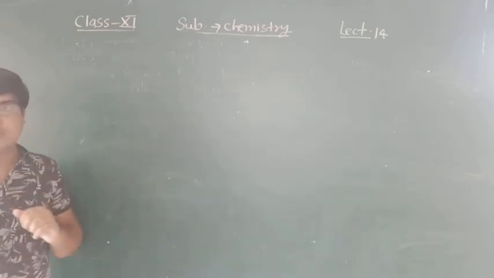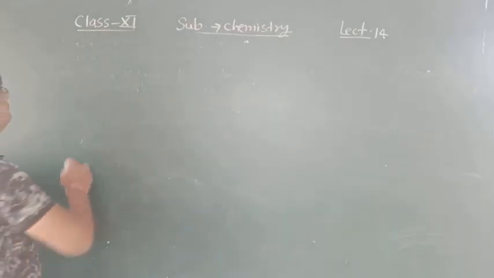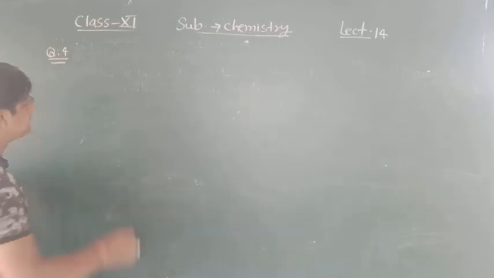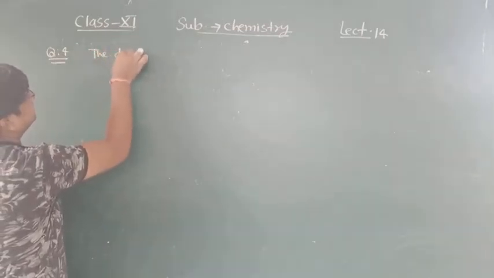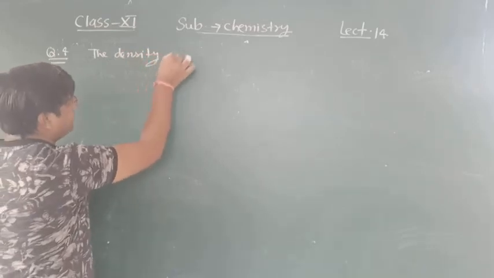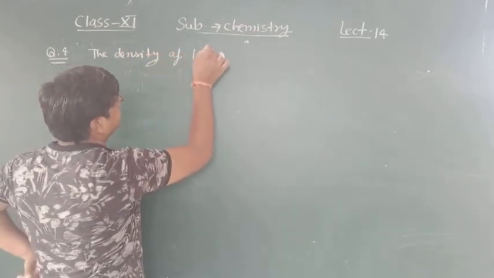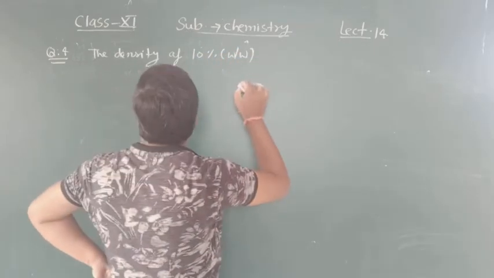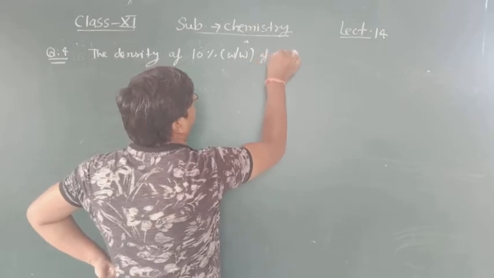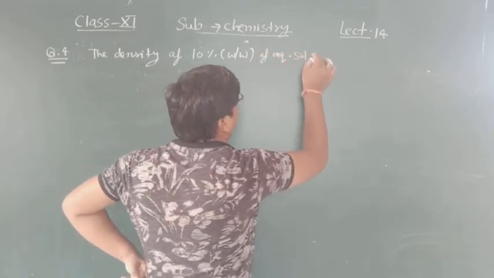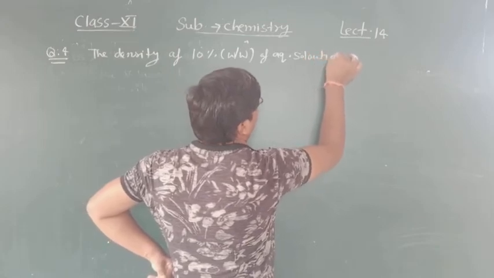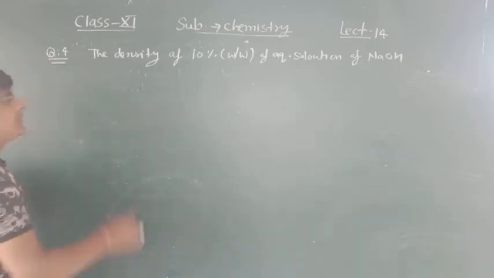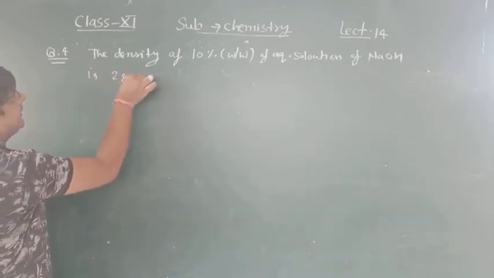So are you ready for another question? Okay, question number 4. The density of 10% W/W aqueous solution of NaOH is 2 gram per ml.